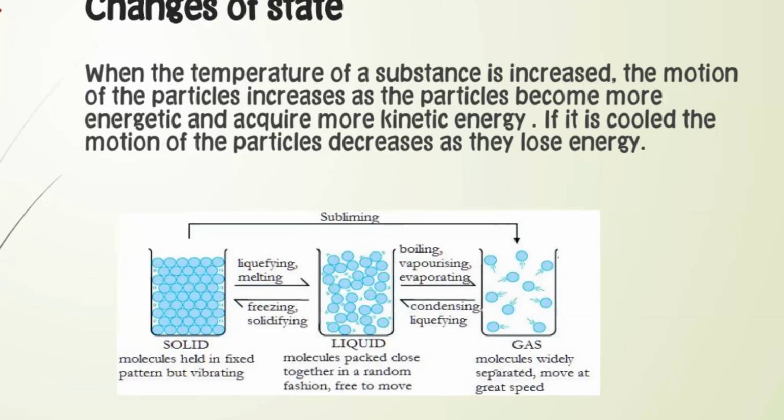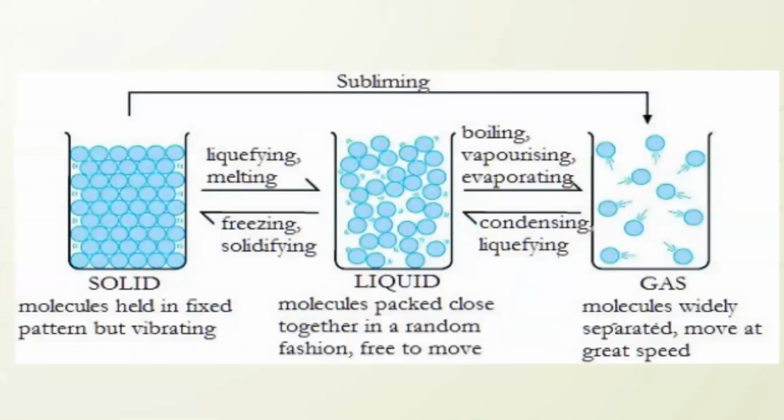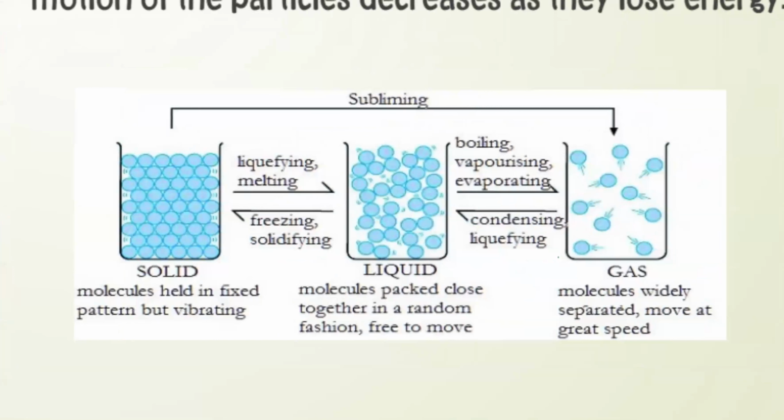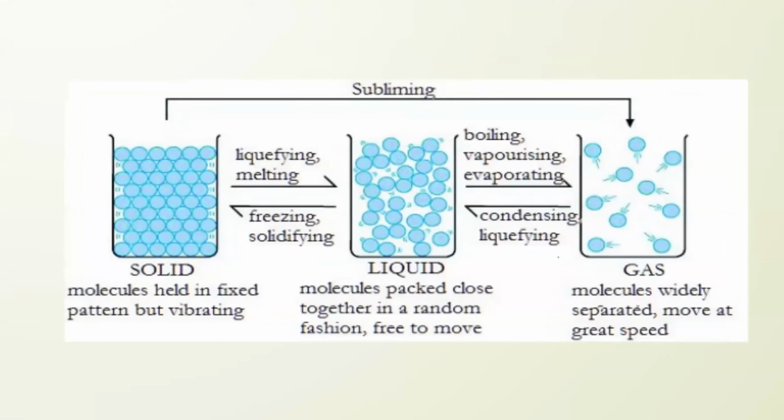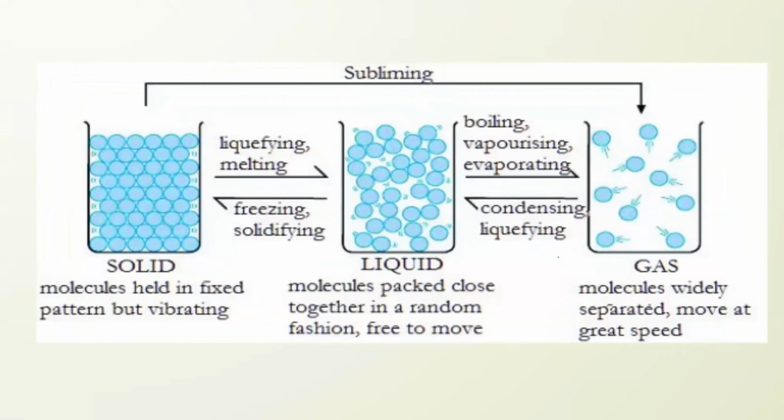So we are going to see in our states of matter, there is that diagram where we have solid, liquid, and gas. Now, if you look at that diagram, when we have a solid and that solid turns into a liquid, we call that liquefying or melting.